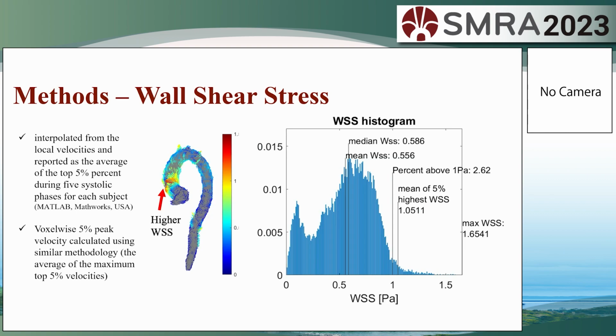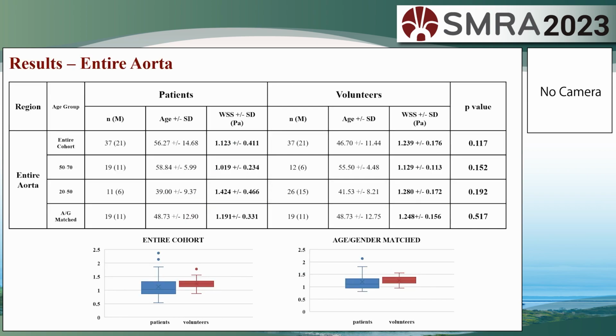We also calculated the voxel-wise 5% peak velocity, and the average of the maximum top 5% of the velocities was reported. Here we can see wall shear stress measurement of one of the cases again. In the ascending aorta, we can see the region with higher wall shear stress and the wall shear stress histogram as well.